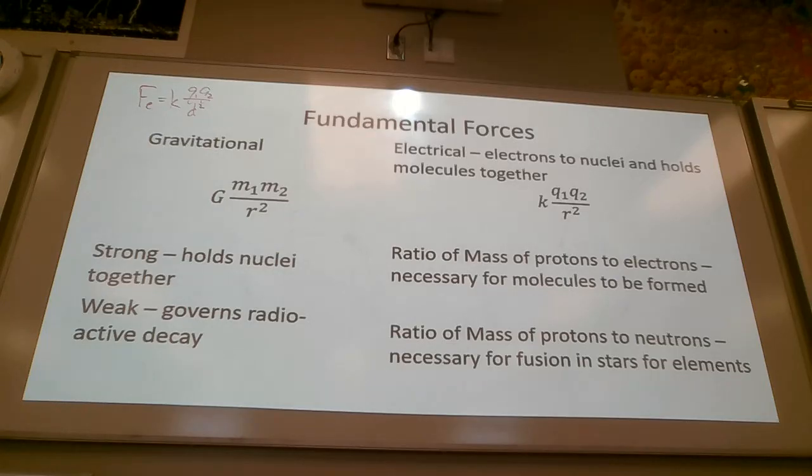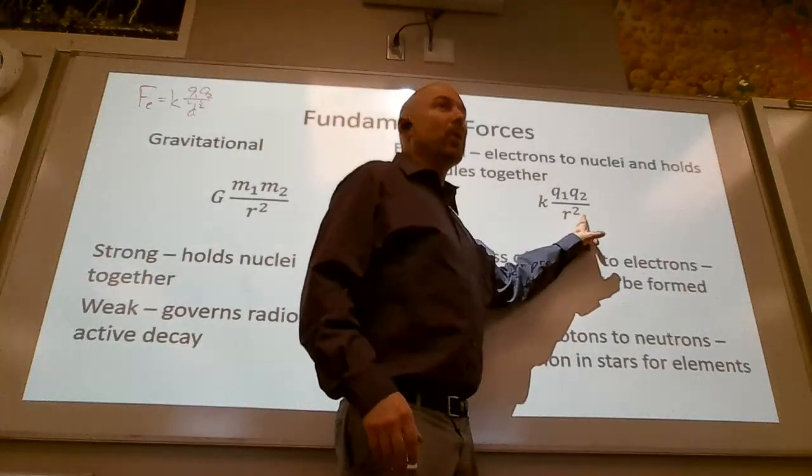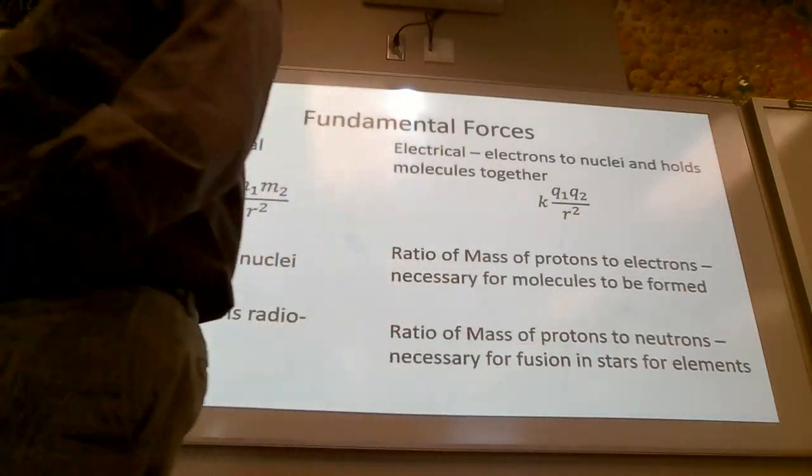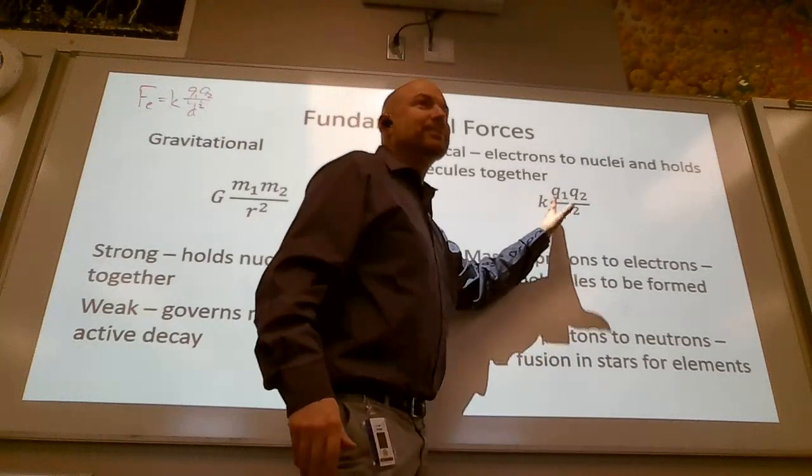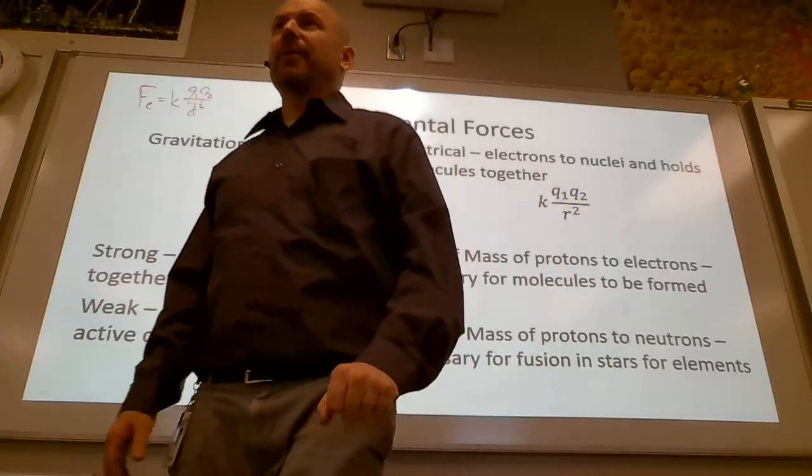Molecules wouldn't exist, atoms wouldn't exist. If this was r to the 2.1 power, life wouldn't exist. Things couldn't bond. It just would not work. This needs to be just so for chemistry to work.